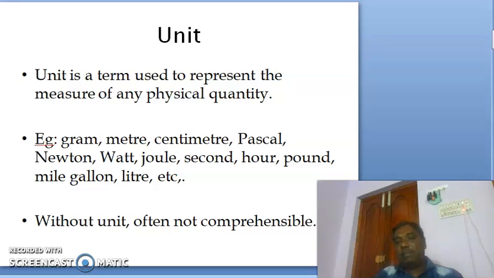Typically gram, meter, centimeter, Pascal, Newton, watt, joule, second, hour, pound, mile, gallon, liter are all examples of units. Without units, often the quantities are not comprehensible at all. When you want a good understanding, you must know a quantity with its unit.